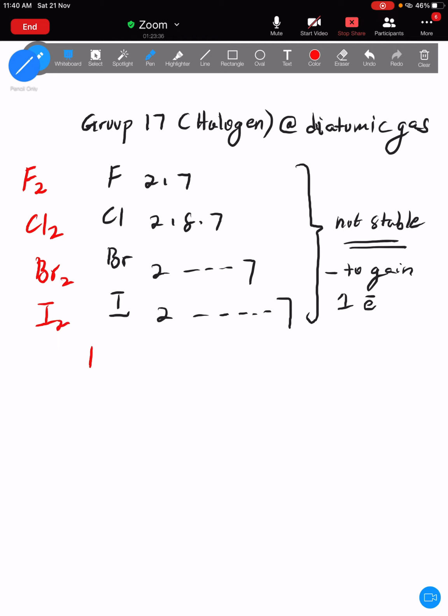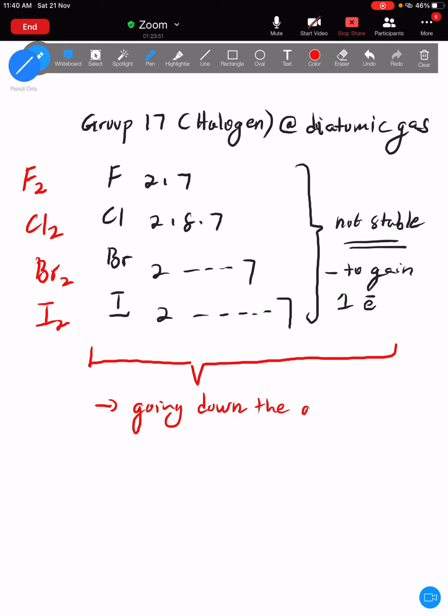Remember what I can say about group 17. As you go down the group, the first thing I notice is the total number of shells increases. Of course, the number of shells occupied with electron increases.